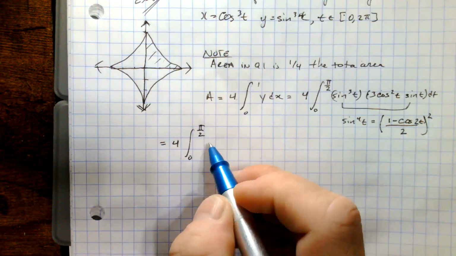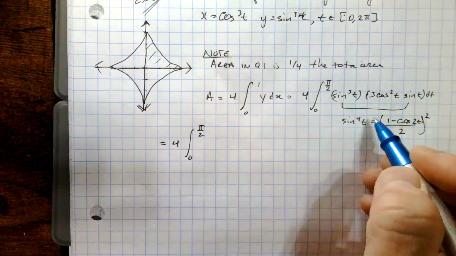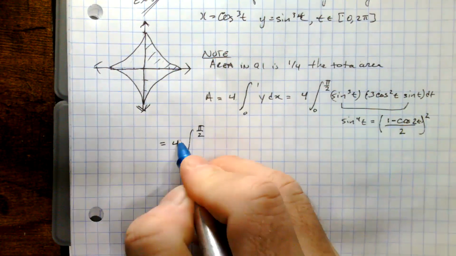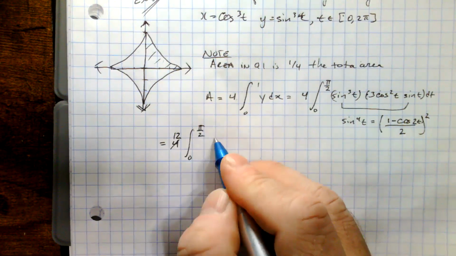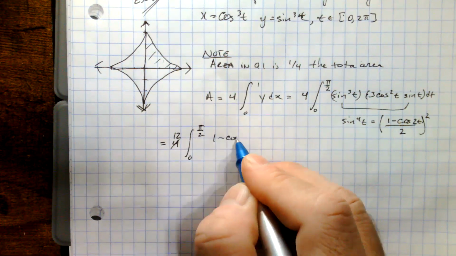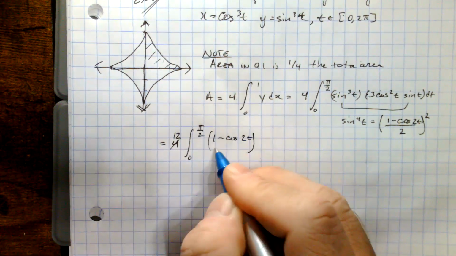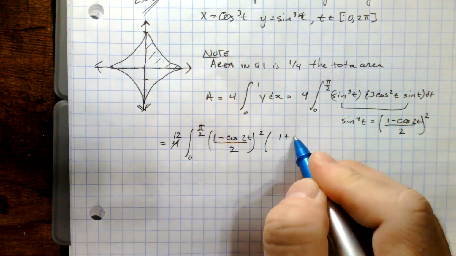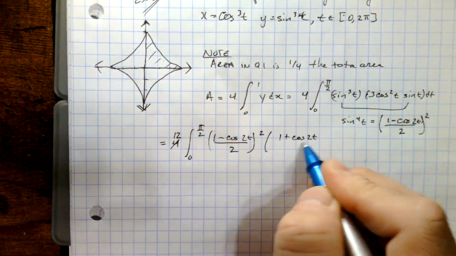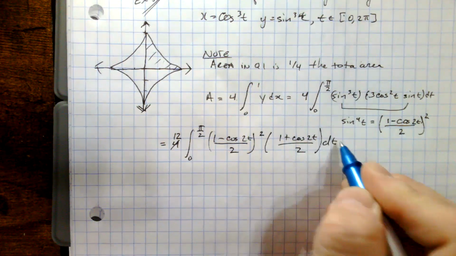And so this becomes, the 3 comes outside, so we're going to multiply the 4 times the 3 there. And then I have ((1 minus cosine 2t) over 2) squared times (1 plus cosine 2t) divided by 2, dt.